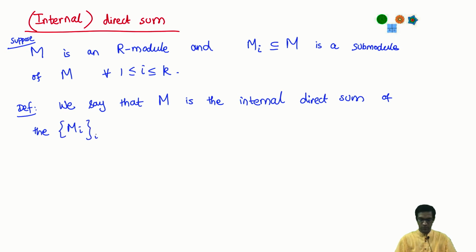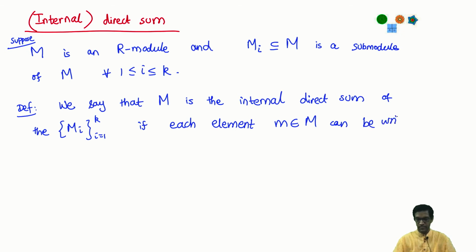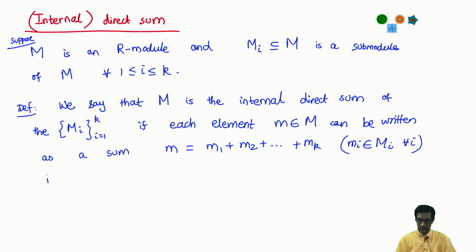of this collection of submodules Mi, i goes from 1 to k, if the following happens: if each element m belonging to M can be written as a sum m equals m1 plus m2 plus mk, where each mi is coming from the corresponding module Mi for all i, in a unique manner.